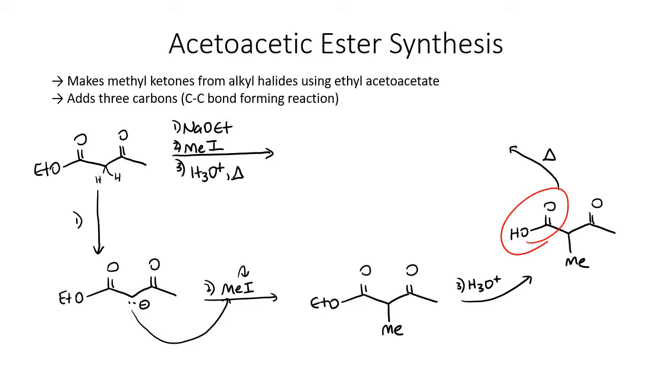The methyl ketone will stay in place. And this is our final product where we have a methyl group. We have added 1, 2, 3 carbons as well as a methyl ketone. So very similar type of product as with the malonic ester synthesis, same types of steps in terms of the mechanism, it's just we're forming a methyl ketone instead of a carboxylic acid.